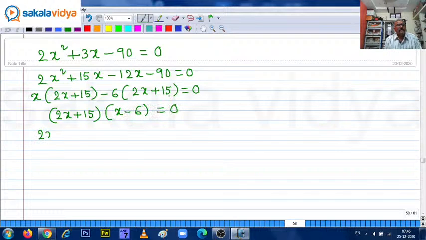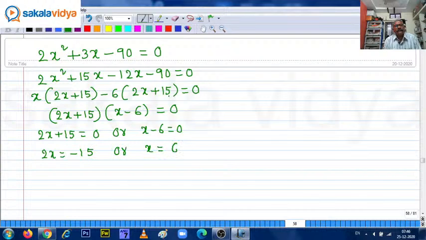We get 2x plus 15 equals to 0 or x minus 6 equals to 0. So we get 2x equals to negative 15 or x is equal to 6. So x is equal to negative 15 by 2 or x is equal to 6.